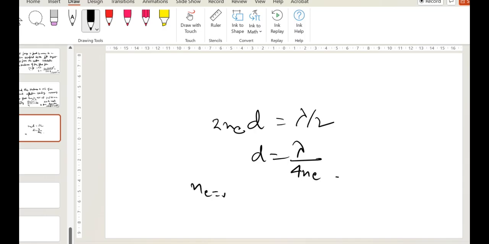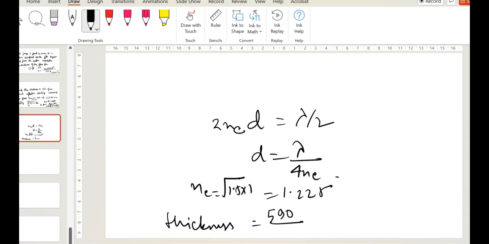But we are only concerned about n, which is root of 1.5 into 1, so that is 1.225, and the thickness should be lambda by 4n. So that should be 590 by 4 into 1.225 nanometer, which is 120.4 nanometer.